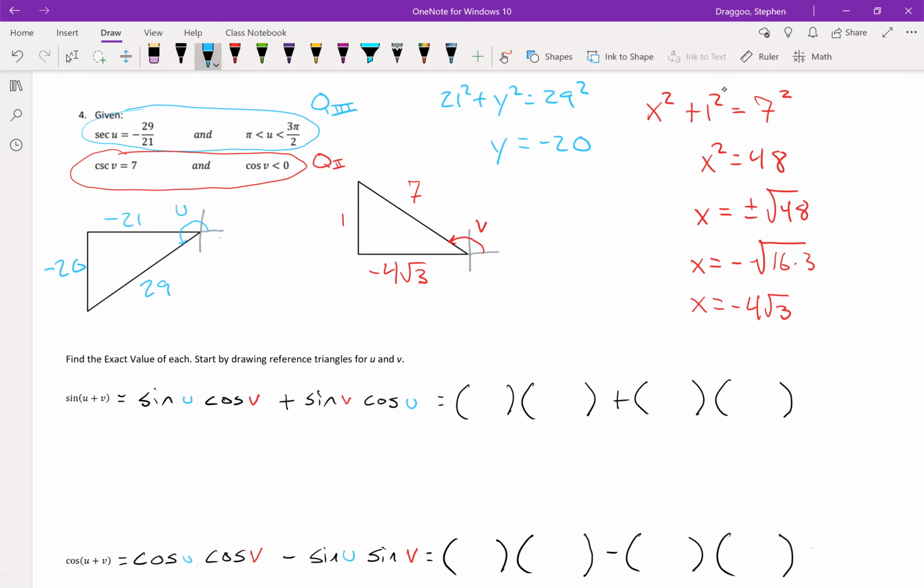First, sine U goes into the first slot, and the sine of U was negative 20 over 29. Next, cosine U goes into the fourth slot, at least the way that I have it written out, and the cosine of U is negative 21 over 29.